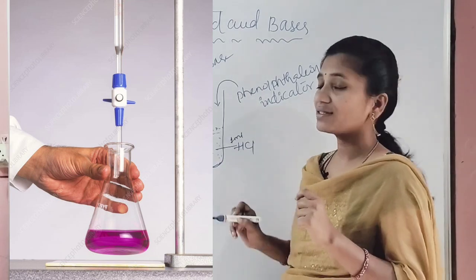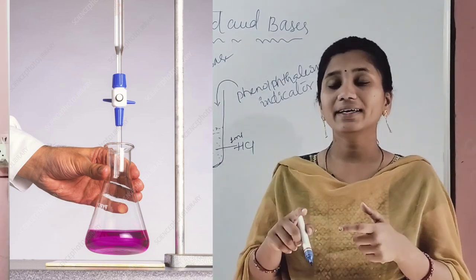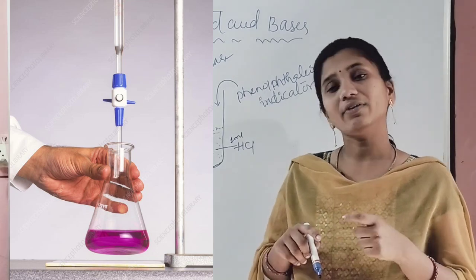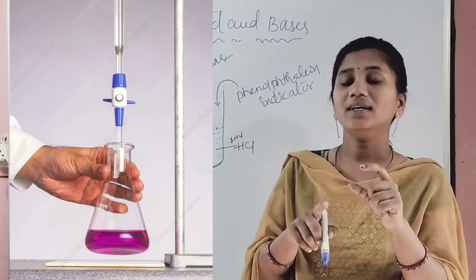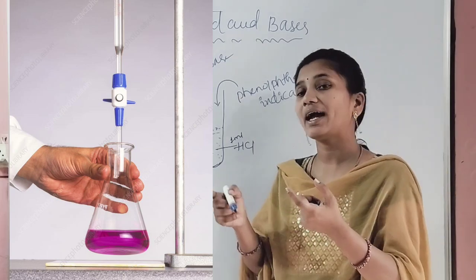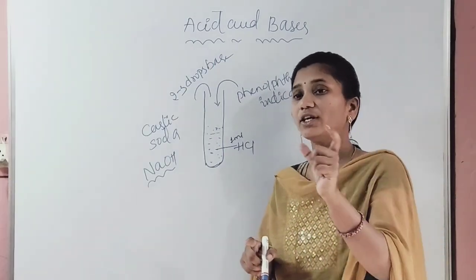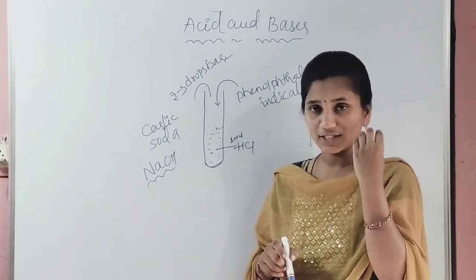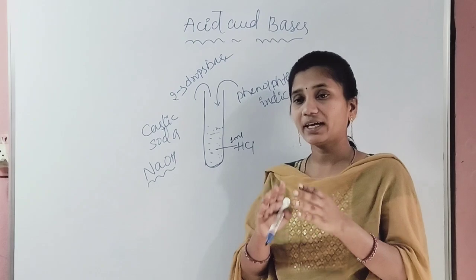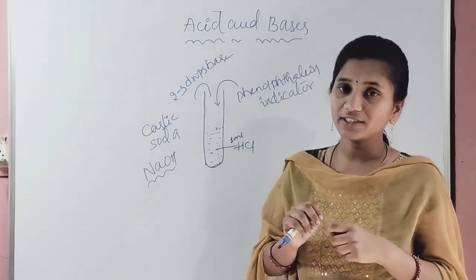We can change the nature of a solution by adding an excess amount of another solution. For example, you can take any acid and make that solution into a base by adding excess base. Again, if you take any base, you can make the solution acidic by adding more acidic solution to it. Like that, we can change the nature of the solution by adding a different solution.